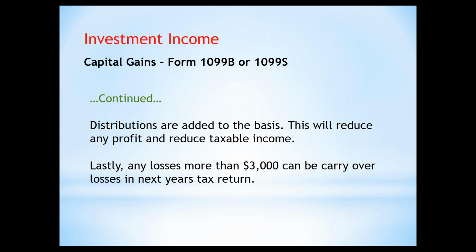The last thing I do want to make sure that you know about capital gains is if somebody has had a very big loss. If they had a $20,000 loss 2 years ago, they can claim up to a $3,000 loss each year that carries over until the $20,000 is fulfilled through various tax years. Typically people come in and they've told you this and they know this.